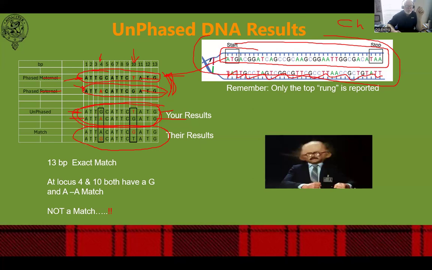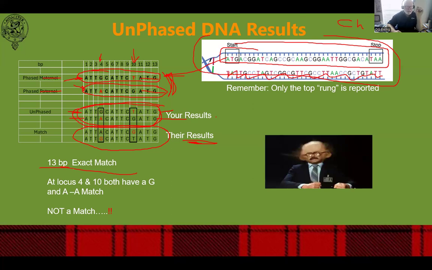So what the computer then sees is 1, 2, 3, 4, 5, 6, 7 base pairs, or nucleotides, or ladder rungs that match. And they do. There is a G and an A in our person that we're matching with, and there's a G and an A with us. So that's a perfect match for the computer.